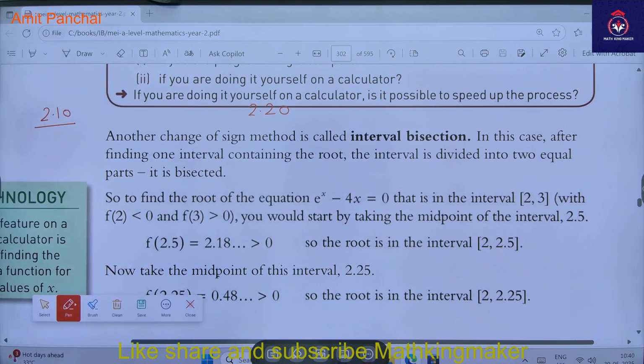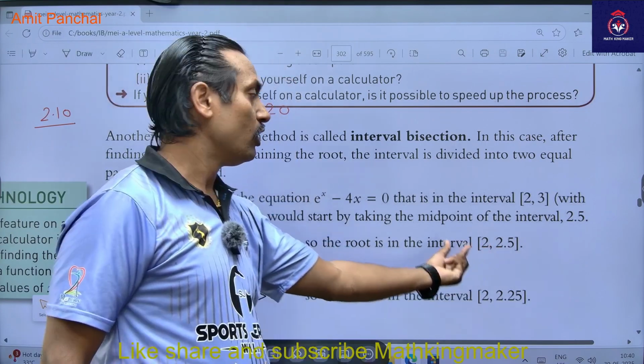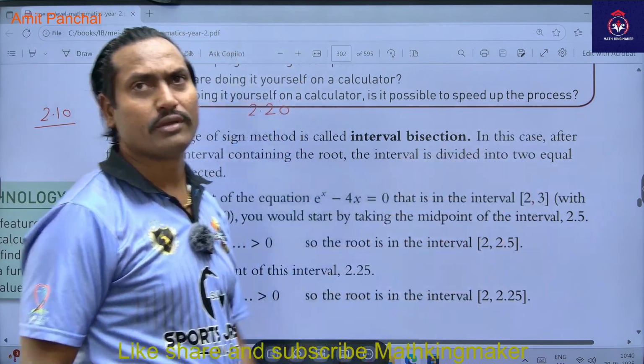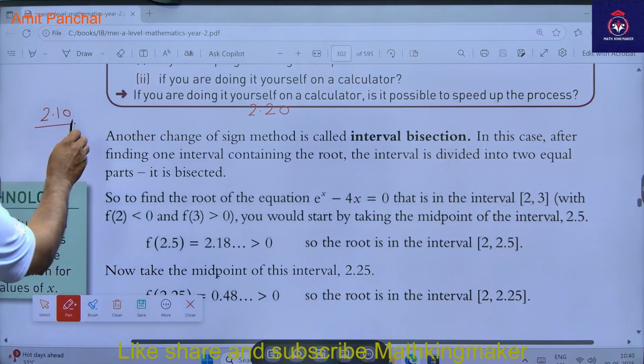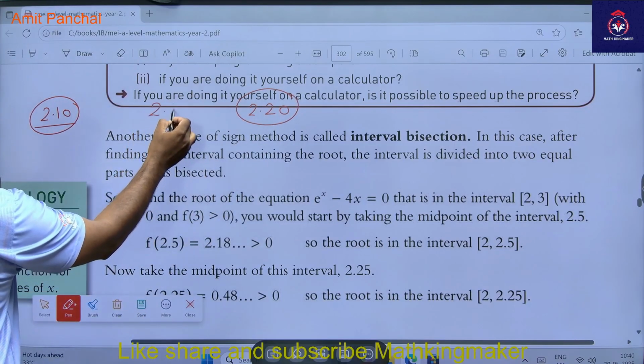To find the root of the equation in the interval 2 to 3, you start by taking the midpoint of the interval. First you take 2.5. Then you will understand whether the root is lying between 2 and 2.5 or between 2.5 and 3. If your root is lying between 2.10 and 2.20, what is in between? 2.15.